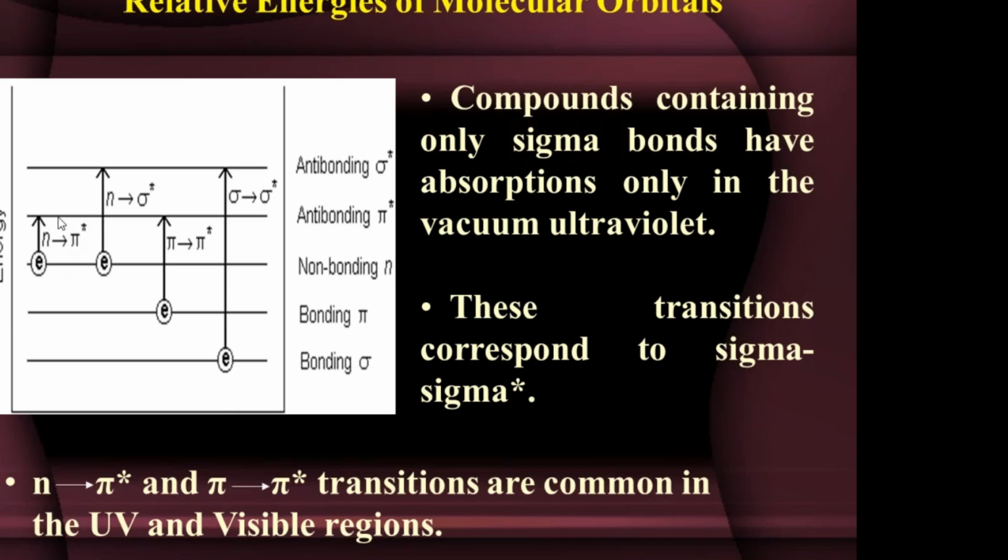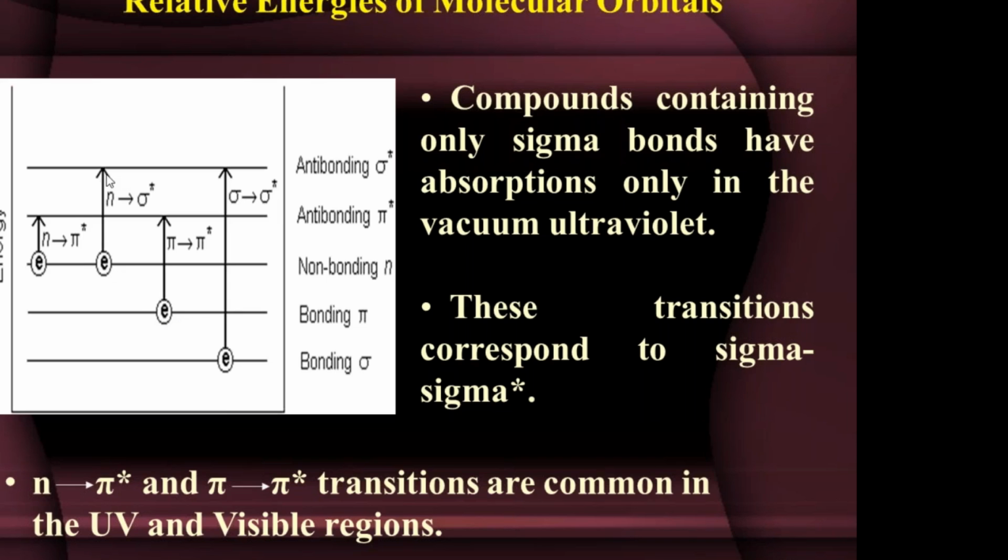So this is commonly seen, but it is seen only in those molecules which have these n electrons. If n electrons are not present, then this transition is not possible. And the number of n electrons will also be very limited, and that's why the probability of this transition is much lower than the pi pi star transitions.